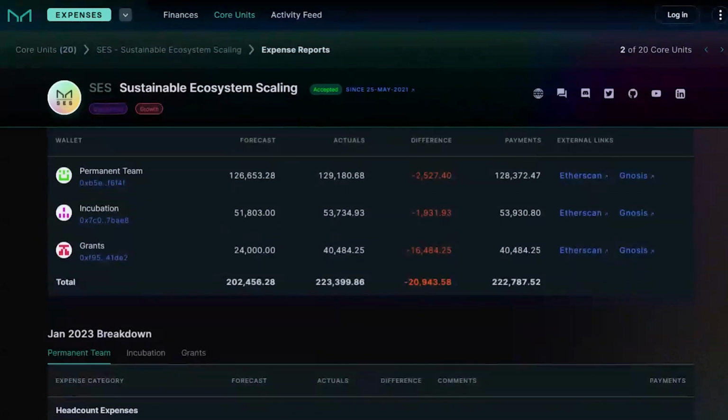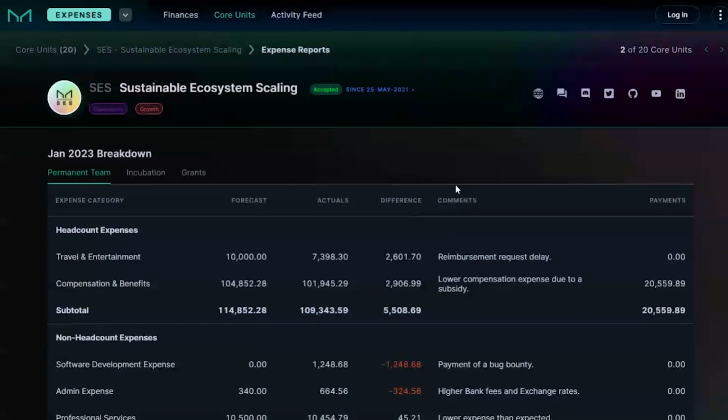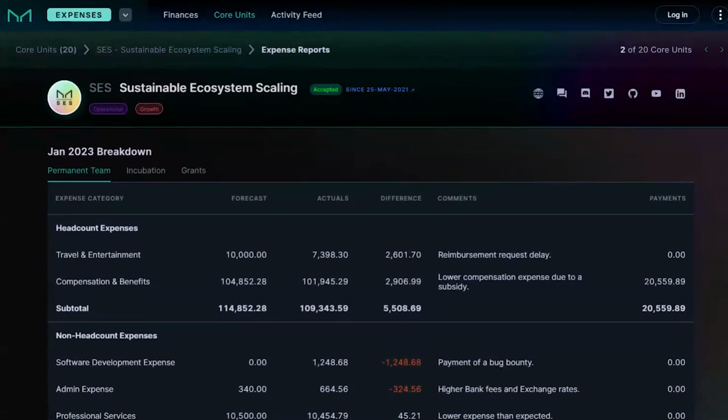Within each one of these categories, for example, the SES permanent team budget, you have the expense categories that we were talking about. And these are separated among two different headers. One is the headcount expenses header, and the other one is the non-headcount expenses header. This is important for what we talked about, the FTEs, which apply only to the compensation and benefits category that you see here.